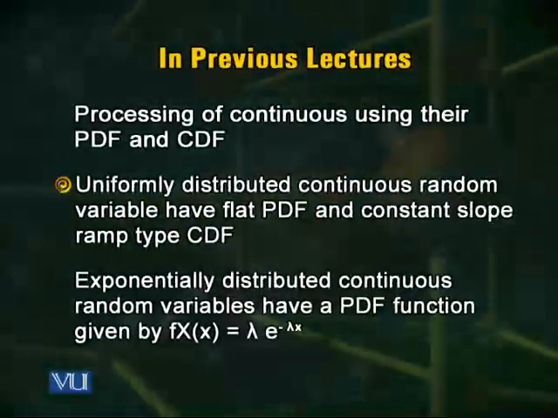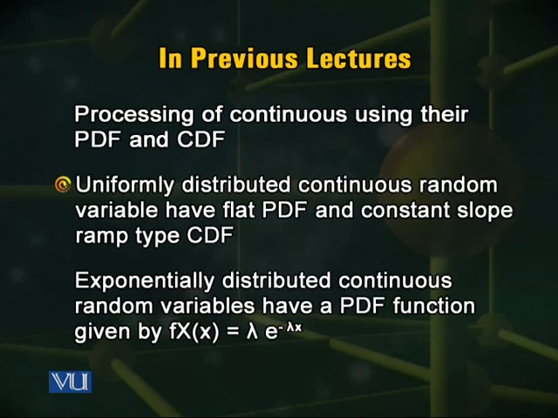Let's continue with our discussion of exponential random variables, which were introduced towards the end of last lecture, and they represent a class of random variables which assume positive values, which only take values from 0 to infinity, and the probability of them taking any value is given by the PDF, which is always of the form fx of x.